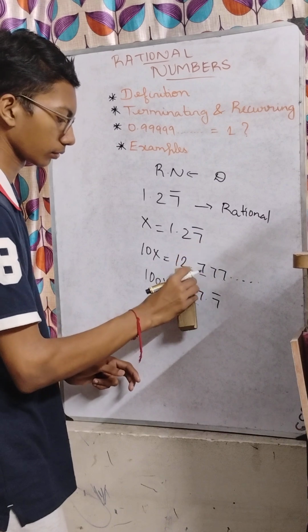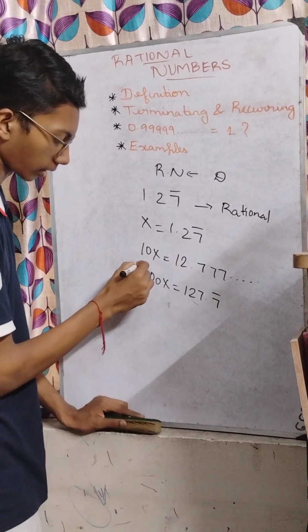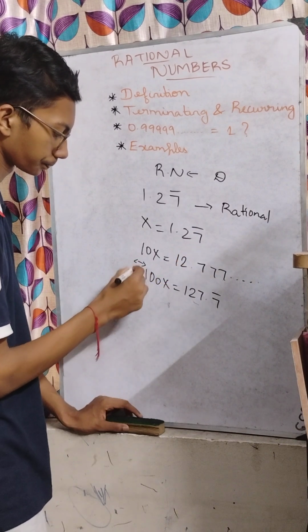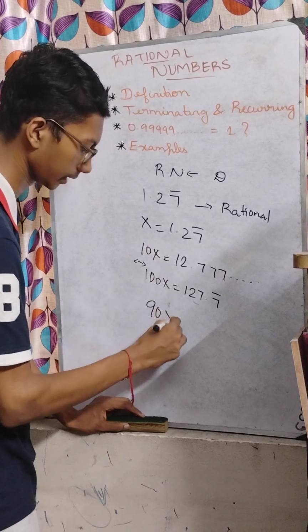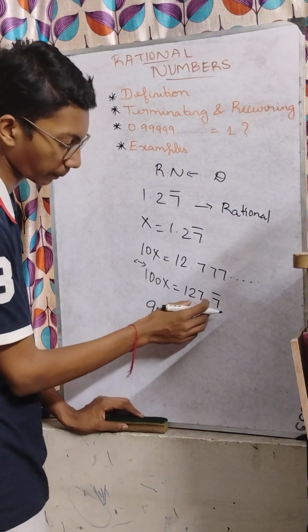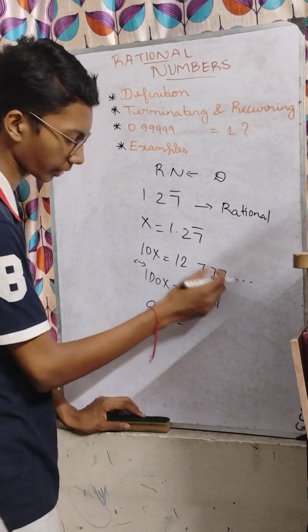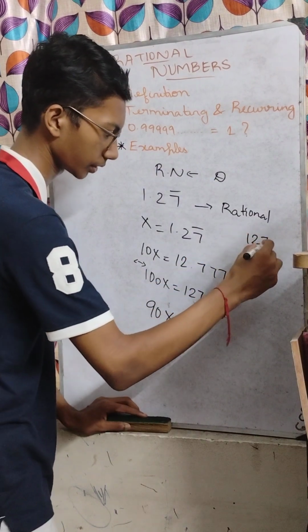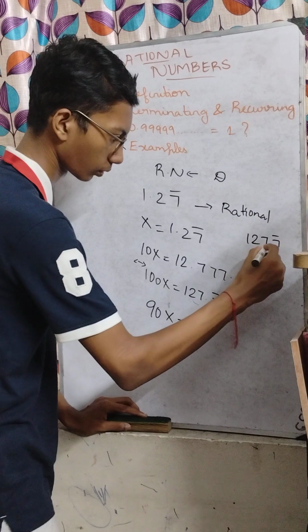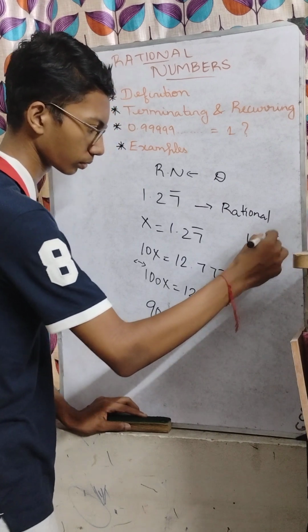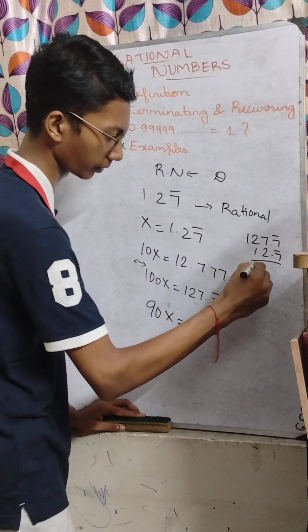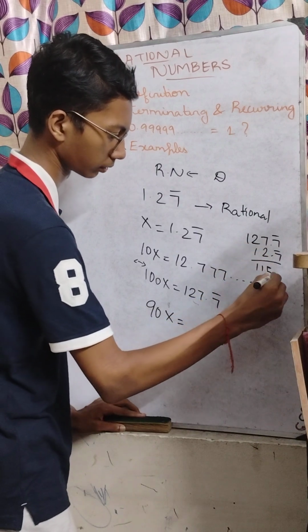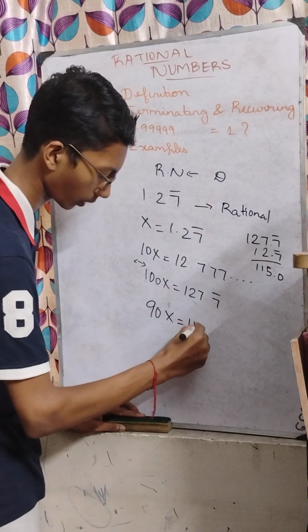Then what we should do is subtract these two. We get 100x minus 10x gives 90x. 127.7 bar minus 12.7 bar: the recurring parts cancel because it tends to infinity. From here we get 115.